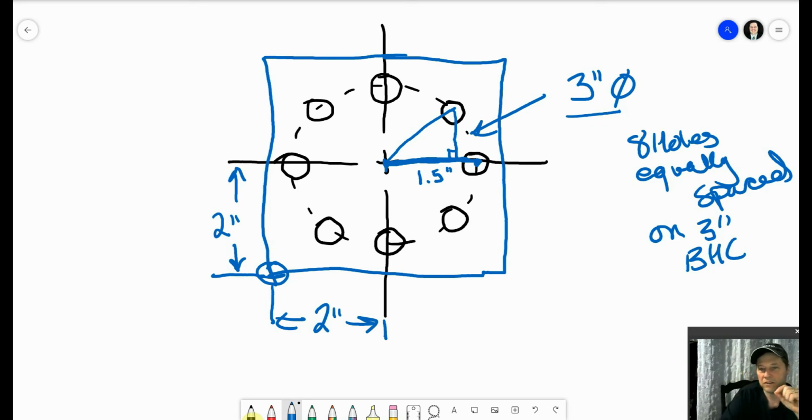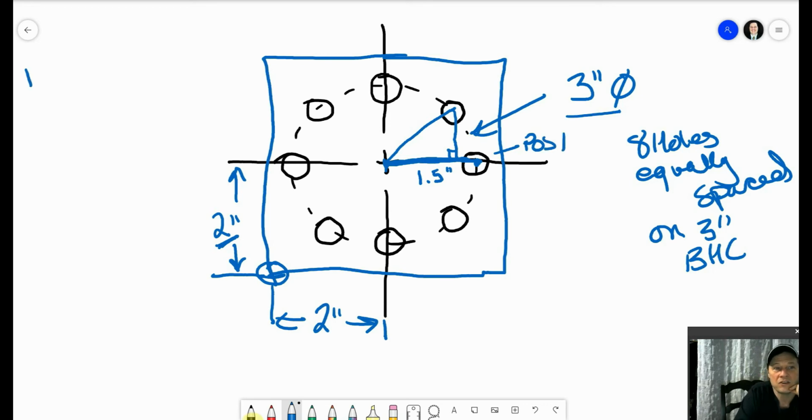So here's what's interesting: the distance from the center of the bolt hole circle to the center of one of the drilled holes on an axis is the radius, 1.5. The Y location, the vertical location, we know is at 2 inches. So if I wanted to solve, let's call this hole over here position 1.